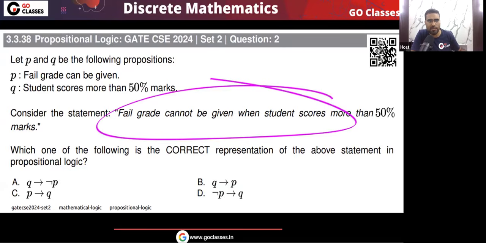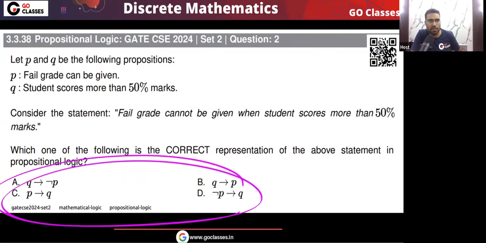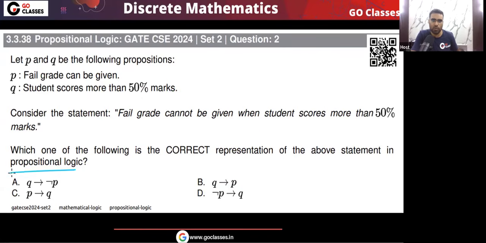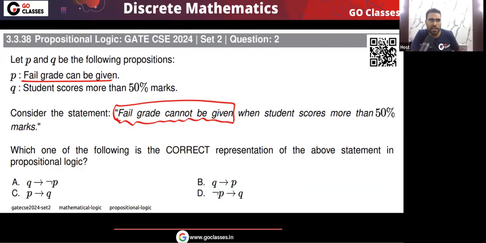Very simple. First of all, fail grade cannot be given. Remember, fail grade can be given, that is P. So fail grade cannot be given is P bar.